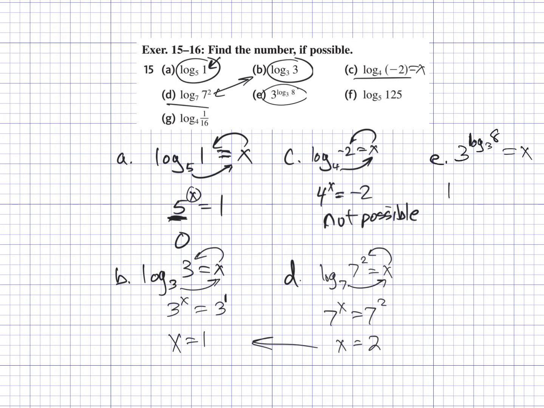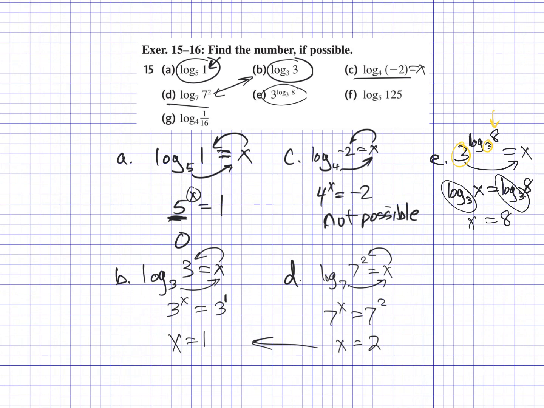So the base becomes my base, the answer goes here, and the exponent goes here. And if you have the same logarithm on the same side, then what you're taking the logarithm of has to be the same. Okay, so the answer is 8. So here's the shortcut. If the base of the exponential and the base of the logarithm are the same, then the answer is just what you're taking the log of.